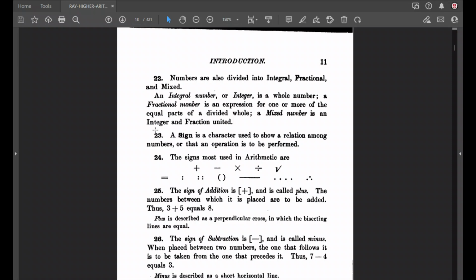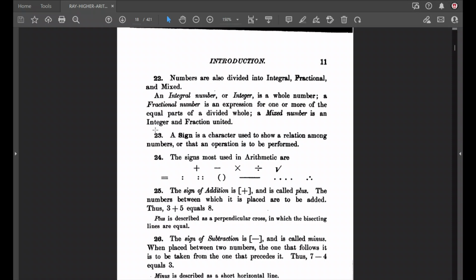So if I have the number 7, is that an integral number, a fractional number, or a mixed number? What is that? Integral, fractional, or mixed? Mixed. Fractional. It's integral. It's a whole number.